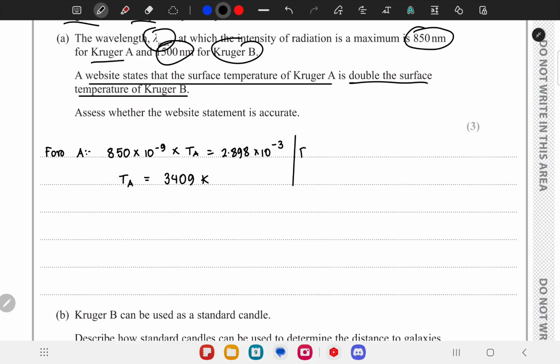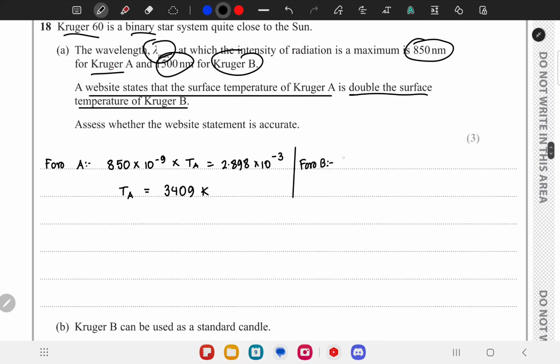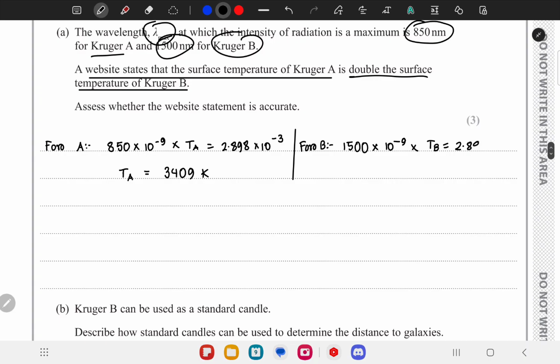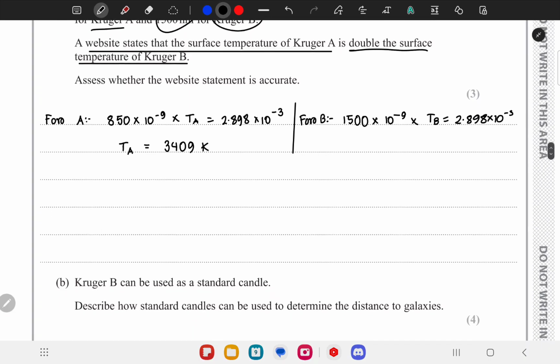Now for B, the peak wavelength is 1500 × 10⁻⁹ times temperature of B equals 2.898 × 10⁻³. So the surface temperature of Kruger B would be 1932 Kelvin.